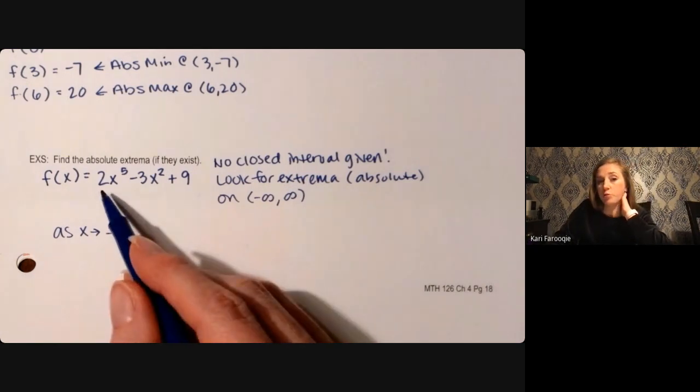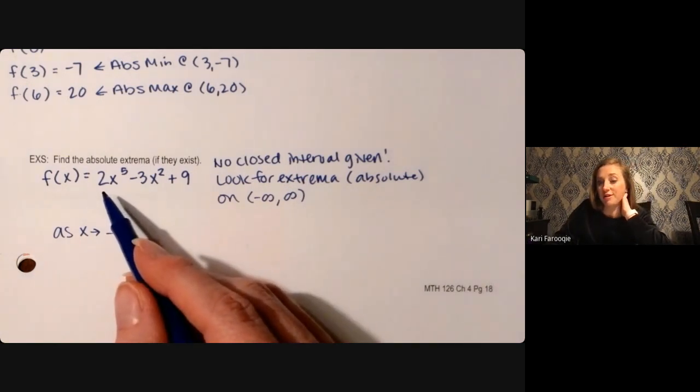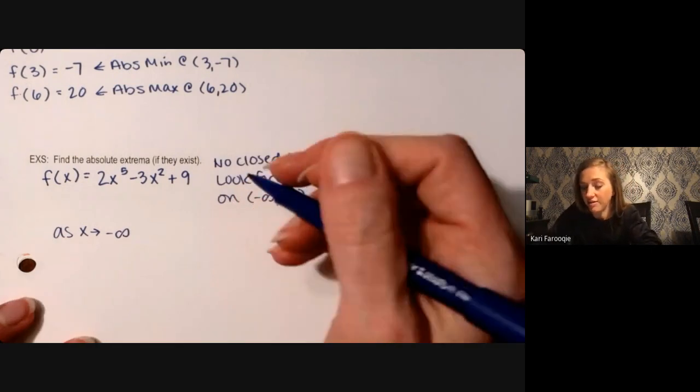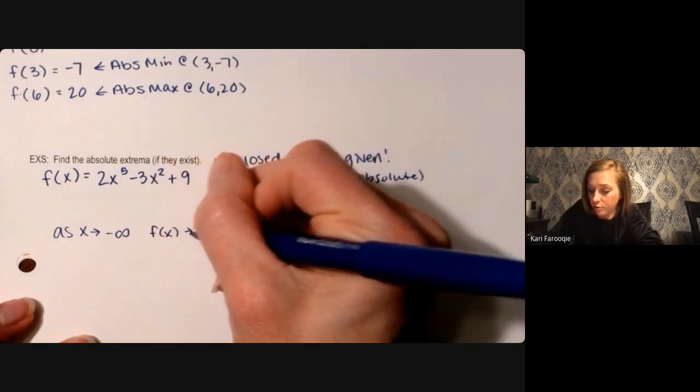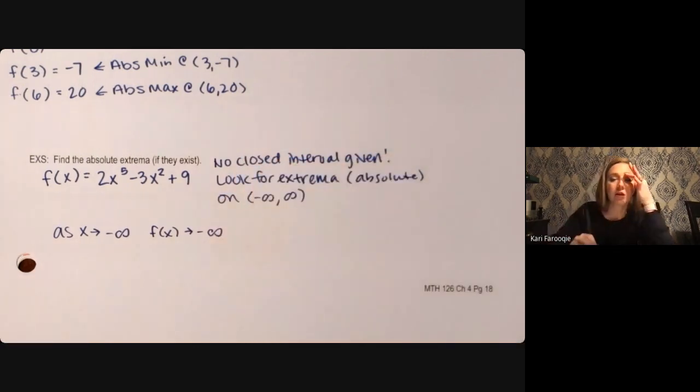Multiply that by 2 and you still get negative infinity. So as x approaches negative infinity, f of x also approaches negative infinity. We used this reasoning back when we were talking about finding limits at infinity in chapter 2. I always get confused because we start on chapter 2 in this class and it throws me.